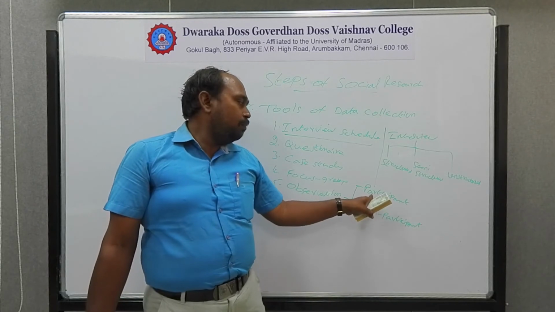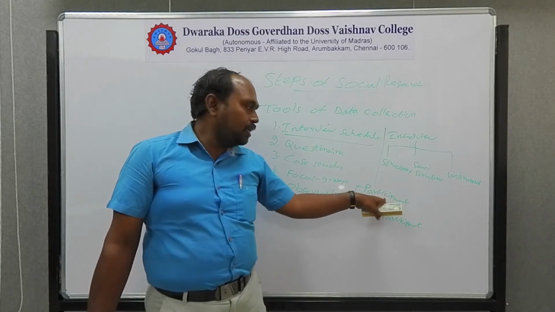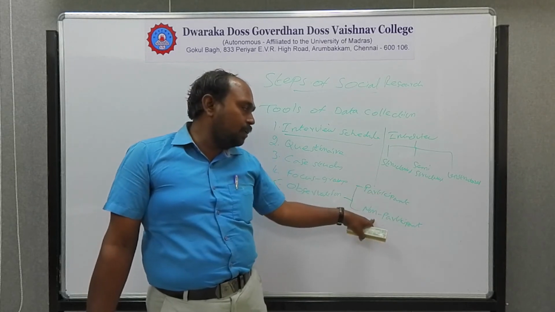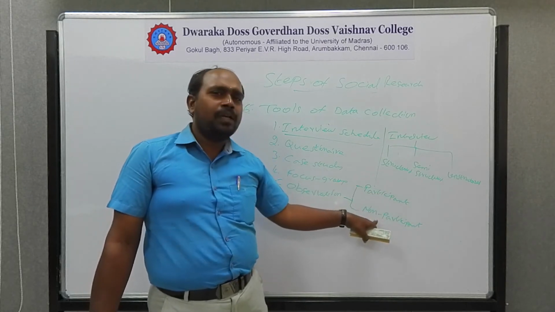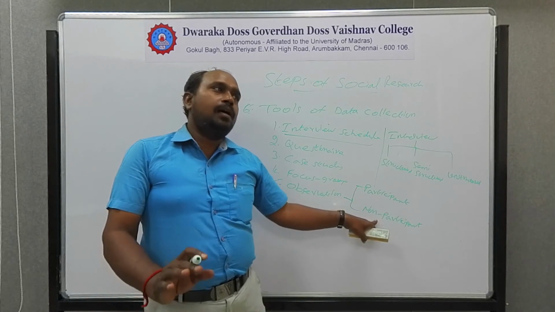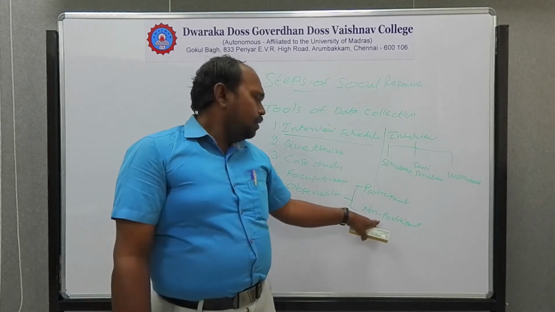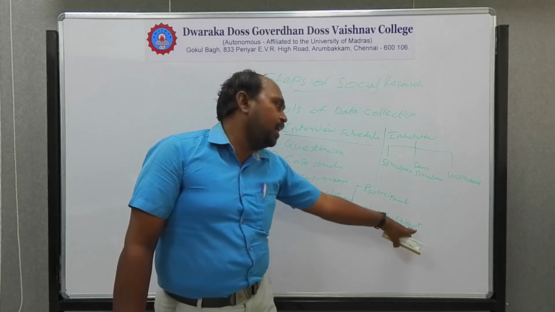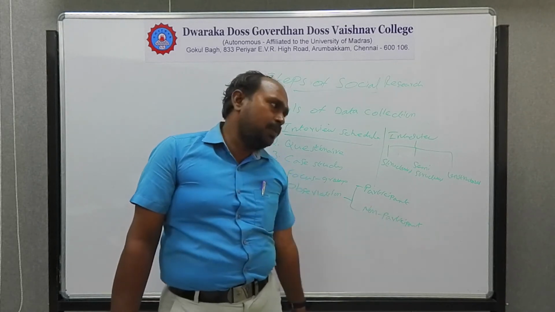And by mingling with them, he will collect all the data. He will observe all the things. But in the non-participant observation method, he will sit like an audience and watch all the things. He will not participate in any events. This is the non-participant observation method.